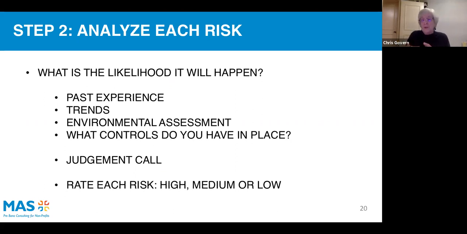If you have those things in place, then the likelihood it's going to happen in your organization is lower than if it's an organization that has a lot of transactions that might lend themselves to fraud, doesn't have a strong financial management policy in place, and doesn't have strong financial oversight by the finance committee. Then in that organization, there might be a higher likelihood of fraud. So it really is very particular to your organization and what controls you already have in place around that particular risk.